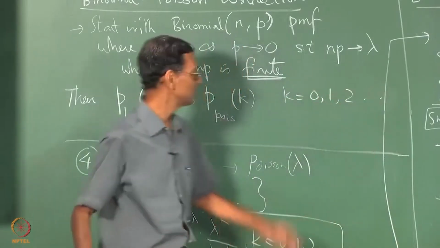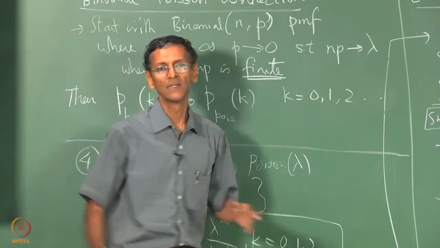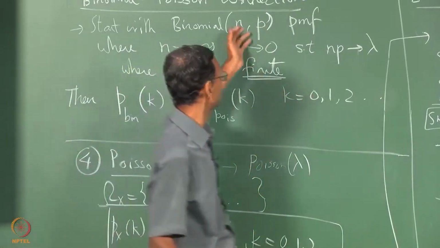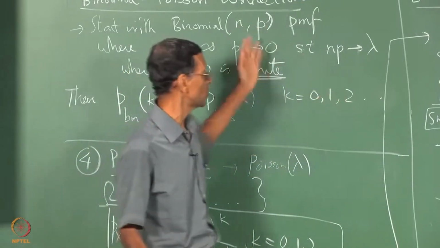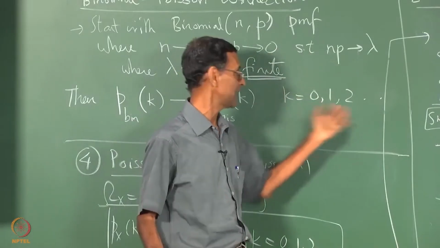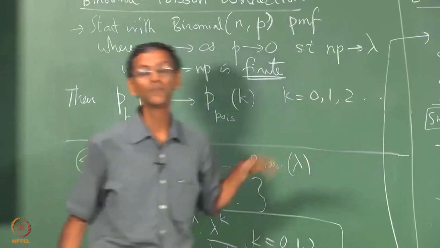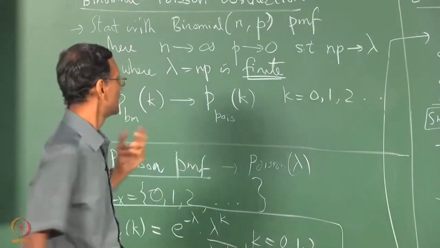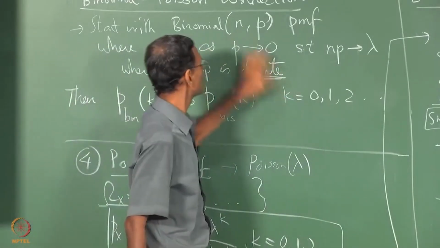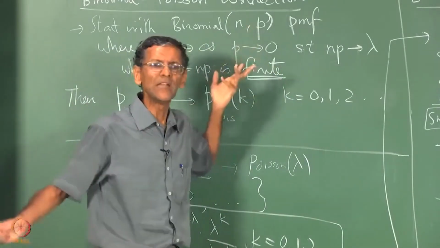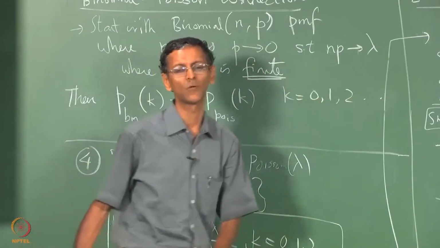In theory k cannot go larger than n, but n is very large anyhow, so usually there is no conflict in writing it like this, you just simply put 0, 1, 2.